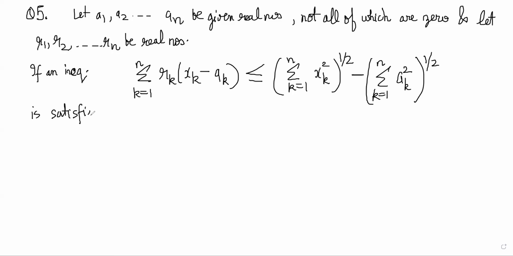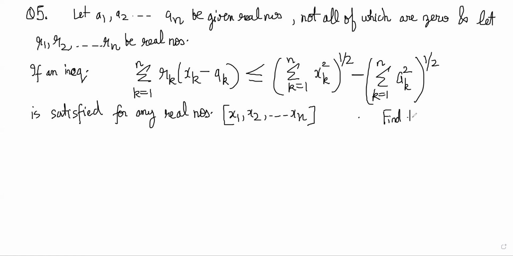This inequality is satisfied for any real numbers x1, x2 till xn. For any choice of real numbers x1 to xn, this inequality is always true. We have to find the values of r1, r2 till rn.